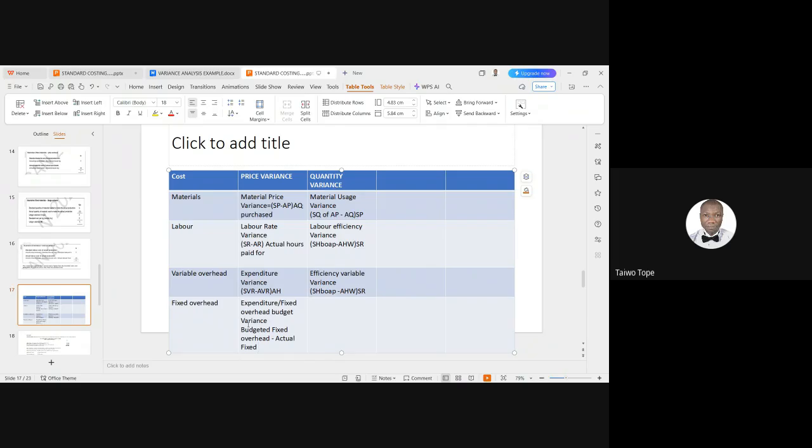So we're looking at the variance, your standard in relation to your actual. So your budgeted fixed overhead less actual fixed overhead. That is for expenditure, the fixed overhead budget variance.